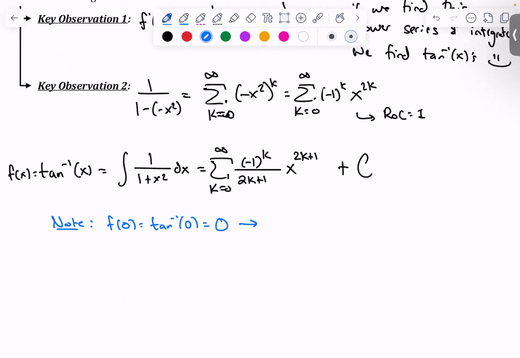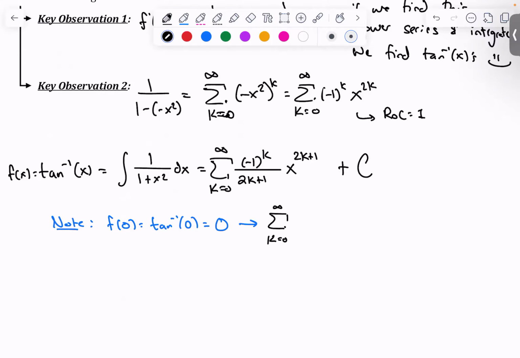So this means that we have the sum from k equals 0 to infinity. So remember, tangent is sine over cosine. The only time sine equals 0 is at 0 or any multiple of pi. But tangent inverse's range is between -pi/2 and pi/2.